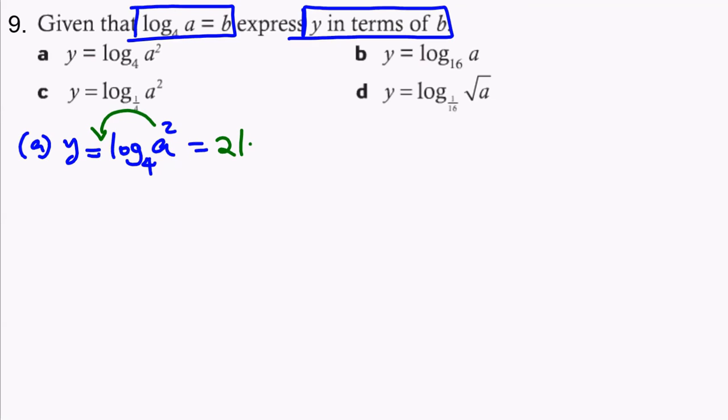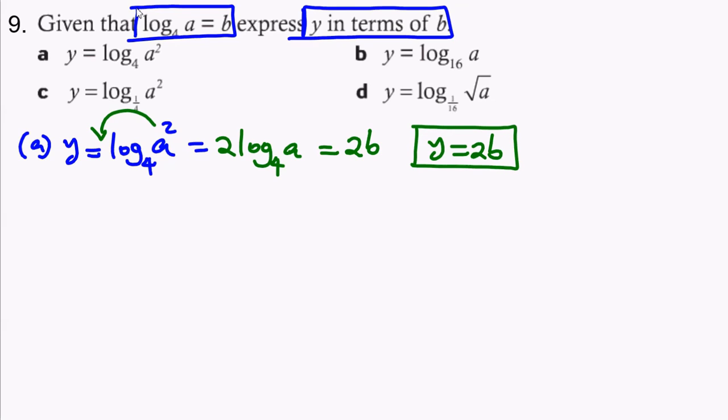So this will be 2 log to base 4 of a. Fortunately, log to base 4 of a is b, so the right hand side will simplify to 2b, and therefore that means that y will be equal to 2b. That's it.